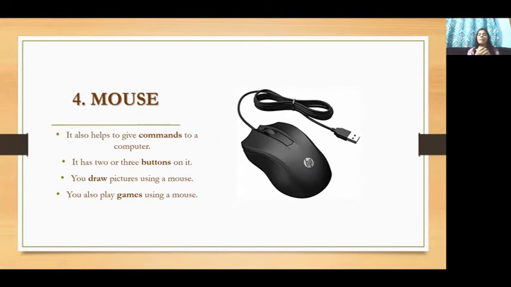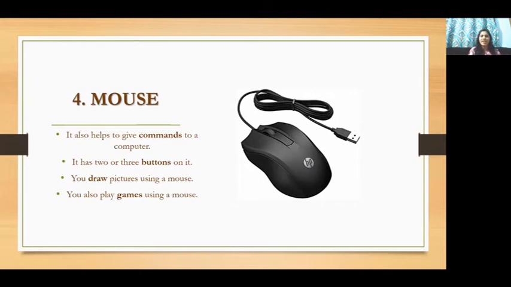Once again, you listen. Keyboard and mouse both are used to give commands to a computer. Both are used to talk to a computer. If you want to say something to a computer, you need a keyboard or mouse. What is the spelling of commands? C-O-M-M-A-N-D-S. And the keyboard is having lots of keys.